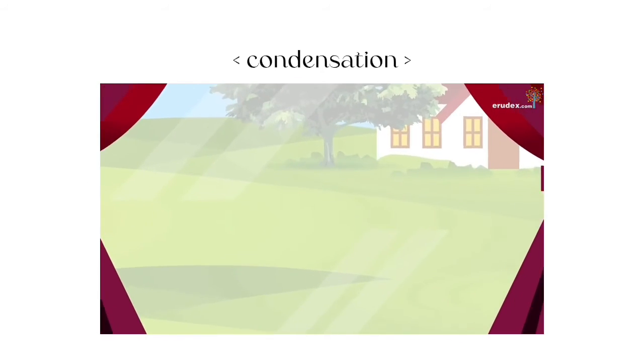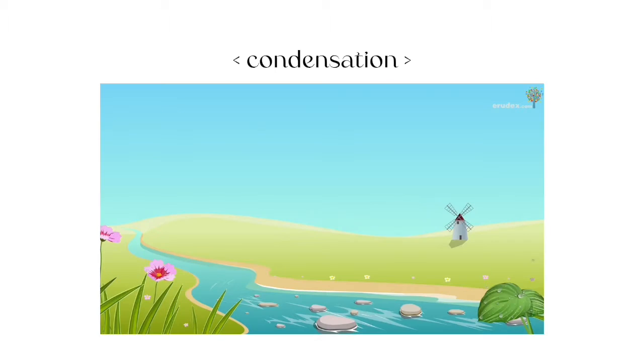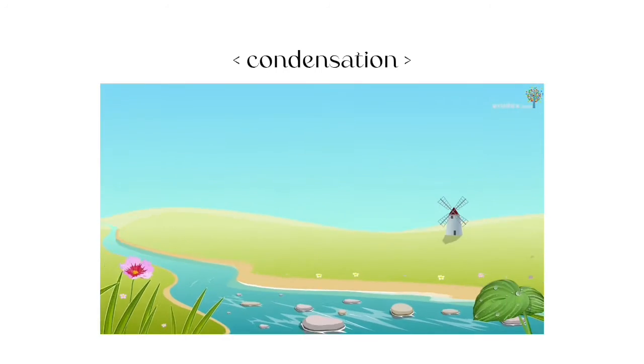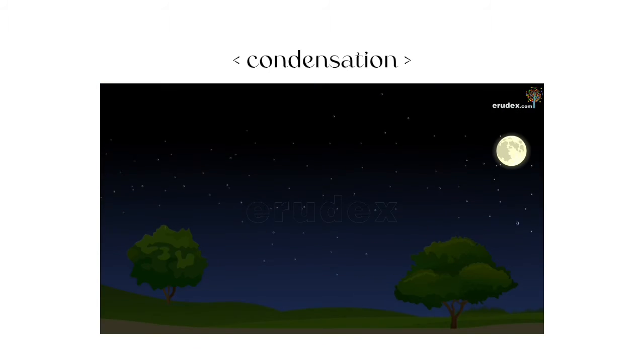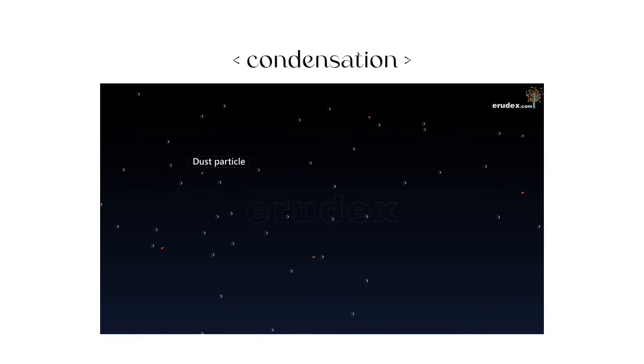Dew can be seen on window panes, flowers, leaves, etc. When the temperature decreases and the atmosphere gathers large amount of water vapor, it starts condensing around dust particles, forming little droplets of water.